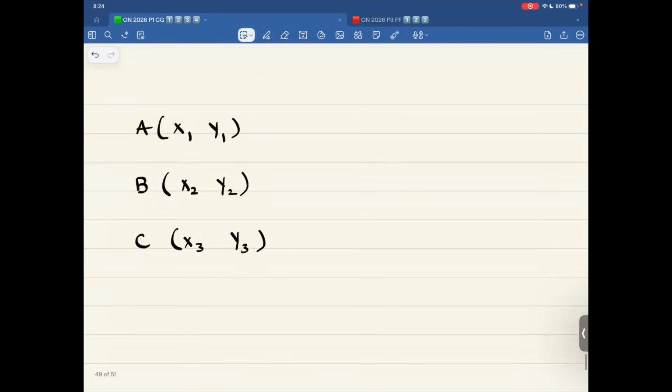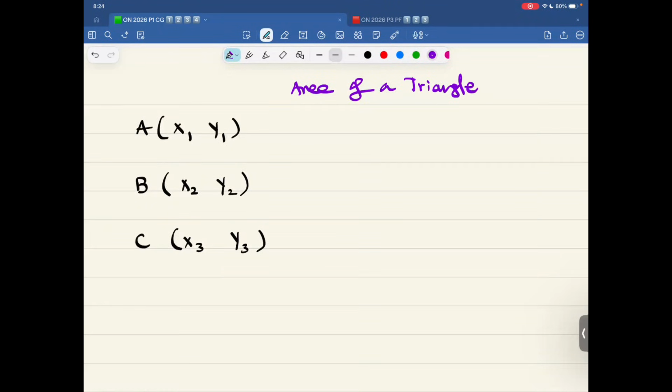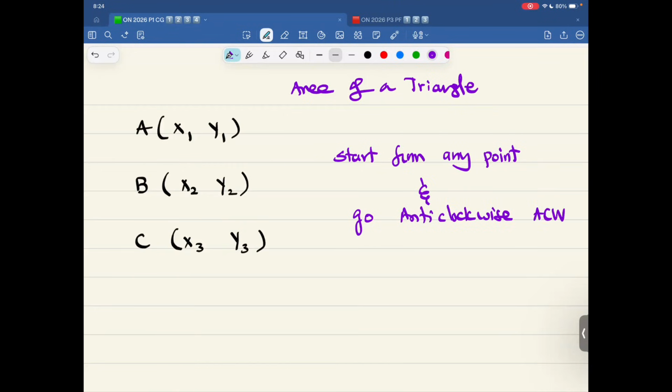So now if I use it for the area of a triangle, start from any point and go anti-clockwise, ACW, that is anti-clockwise.